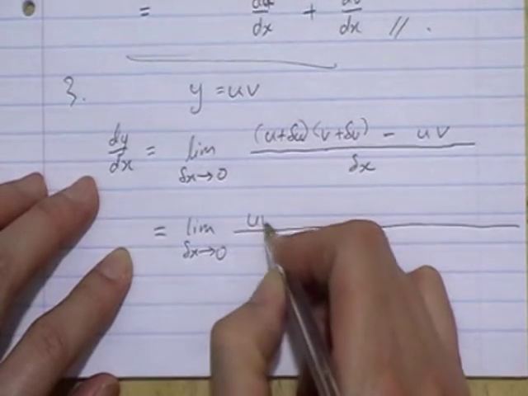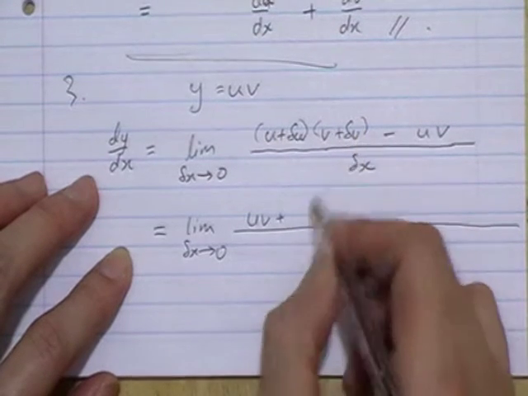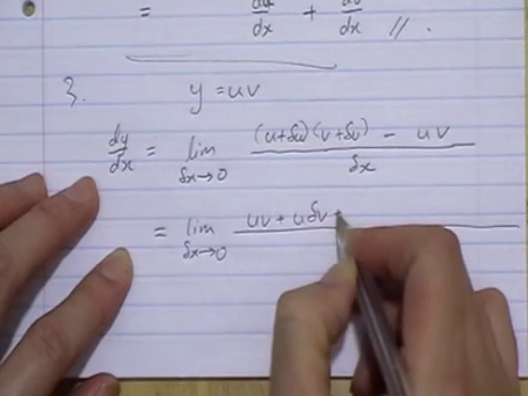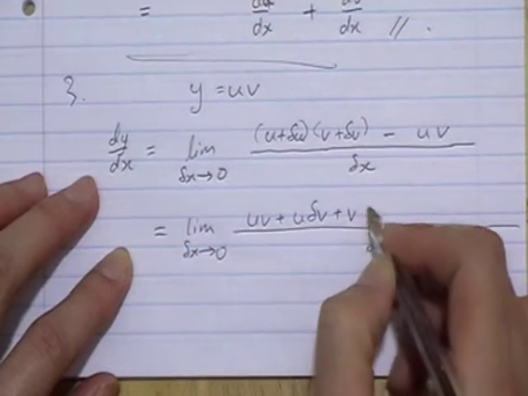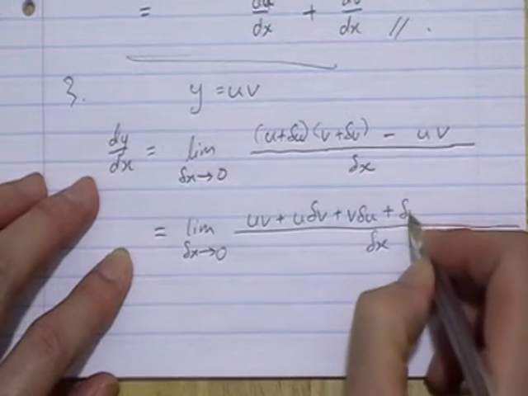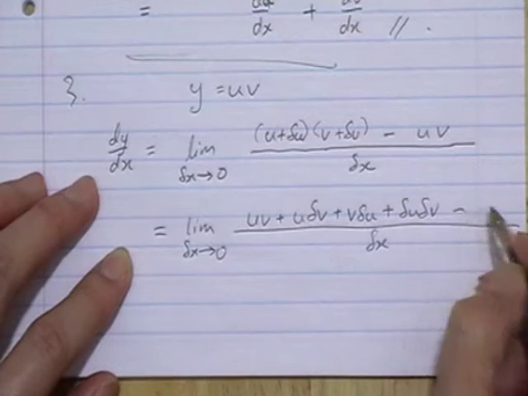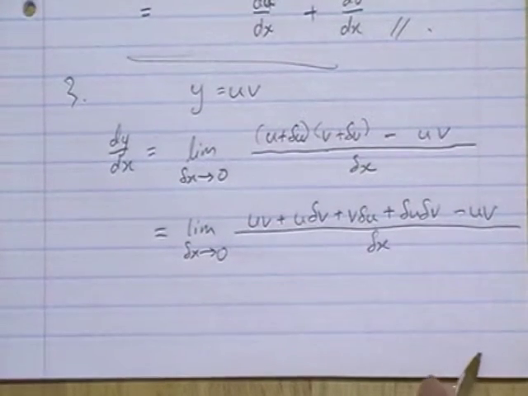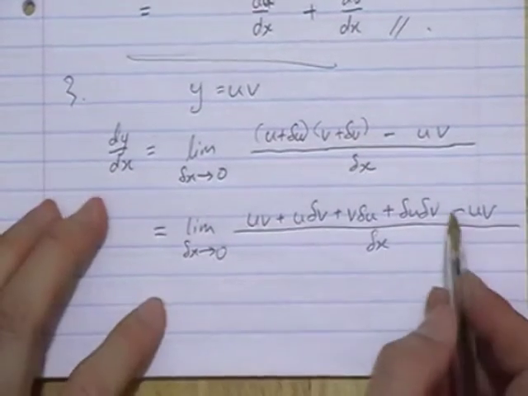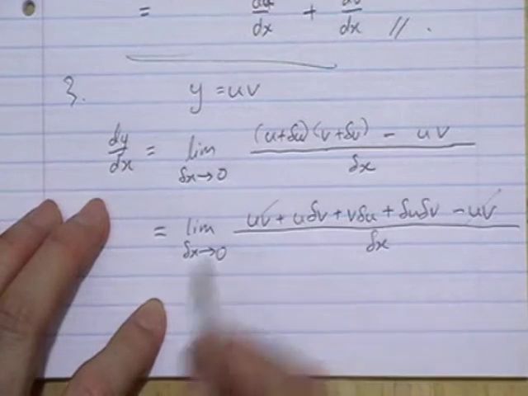This gives uv plus u times delta v plus v times delta u plus delta u times delta v minus uv. And uv and minus uv become 0, so those cancel.